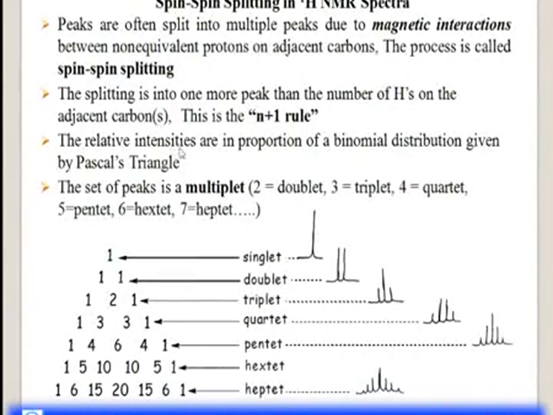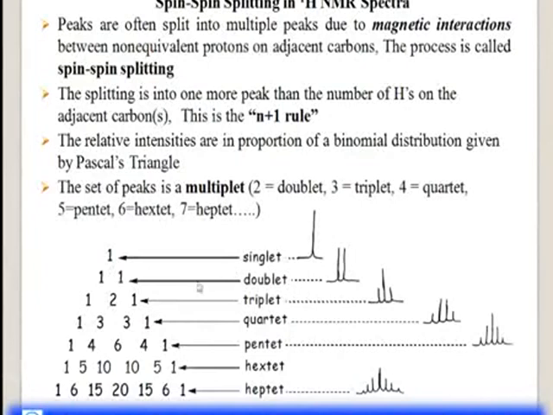The relative intensities are in proportion to a binomial distribution. You can see over here, this is according to Pascal's triangle, and the sets of peaks in a multiplet: for 2 we say doublet, for 3 triplet, for 4 quartet, for 5 pentet, for 6 hextet, for 7 heptet. And you can see the rough idea.